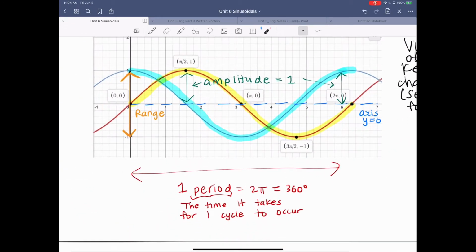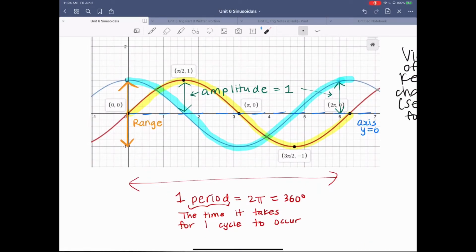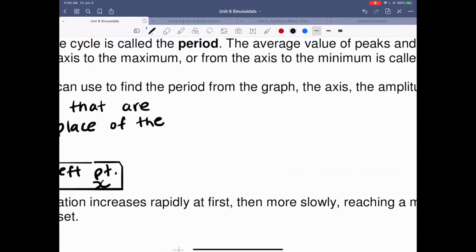So the axis is going to be max plus min divided by 2, because if you do 1 minus 1, which is 0, 0 divided by 2 is 0, you're taking the average of basically where this curve is oscillating around, and the formula therefore is axis is equal to max plus min divided by 2.